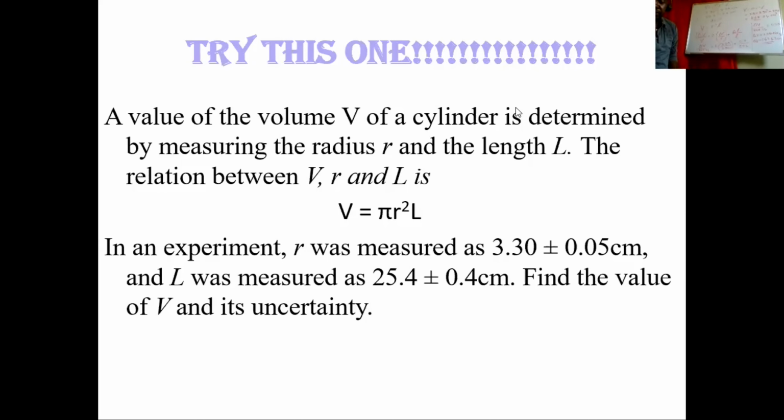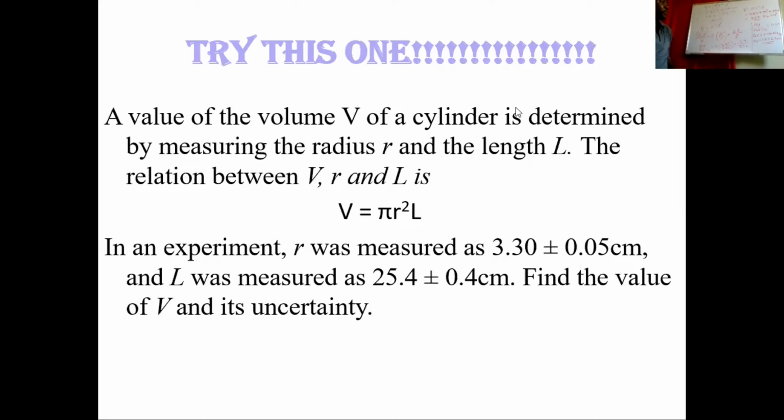We notice here that even though the uncertainties that make up volume, R and L, are very small, your uncertainty of your volume is actually a relatively bigger number than these.